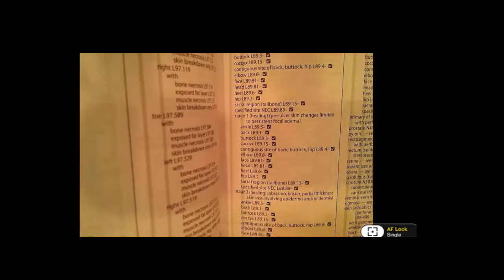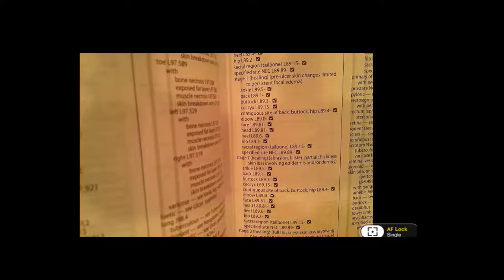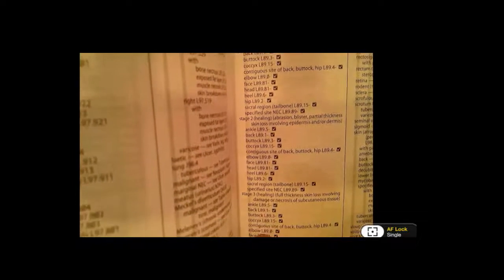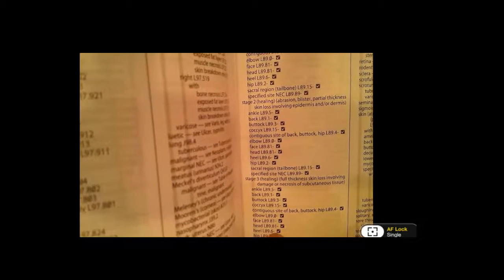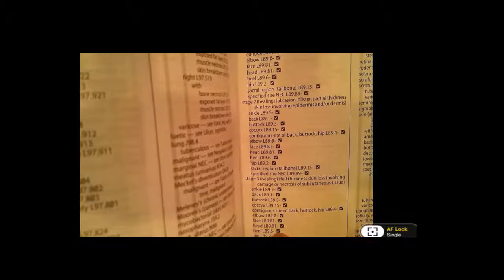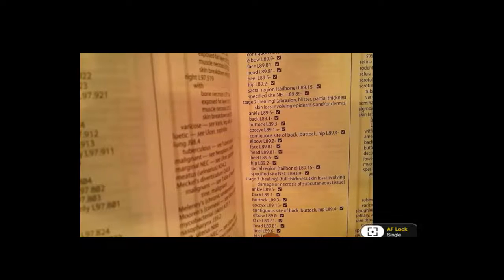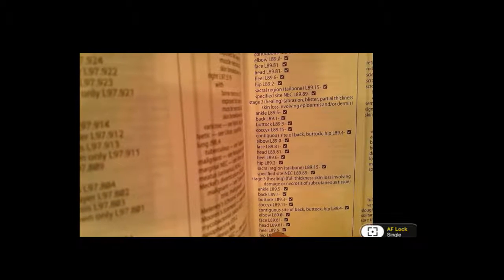Now we go to our alphabetic index, and we're under ulcer, pressure, and we're looking for stage 3, heel, L89.6, with the little dash, meaning we need more characters, and also that little icon, the black box with the white check mark, we need more characters. So let's look up L89.6 in our tabular.